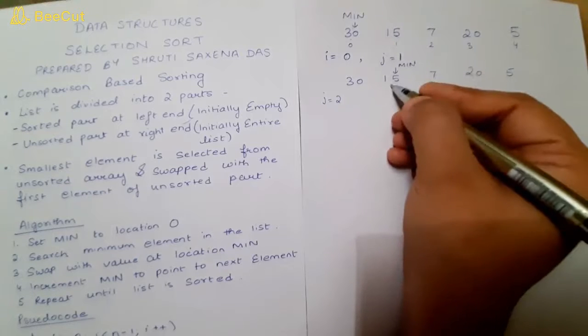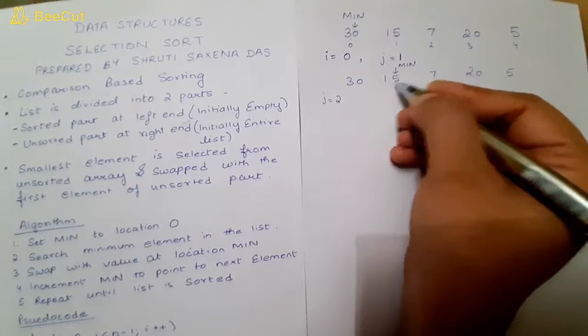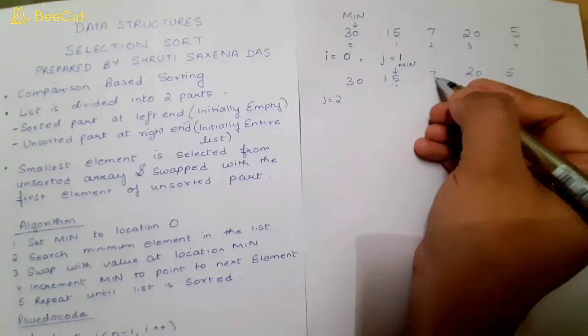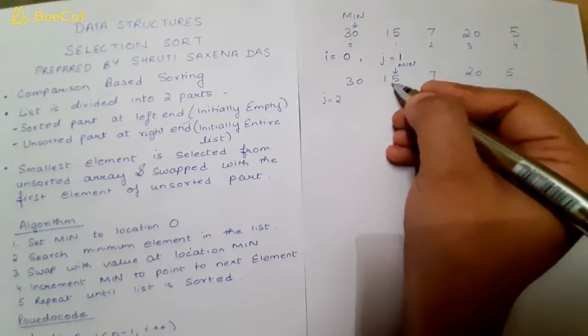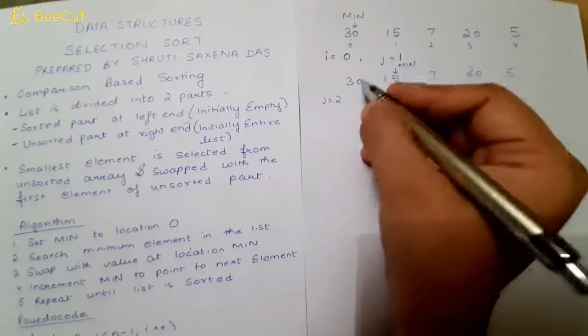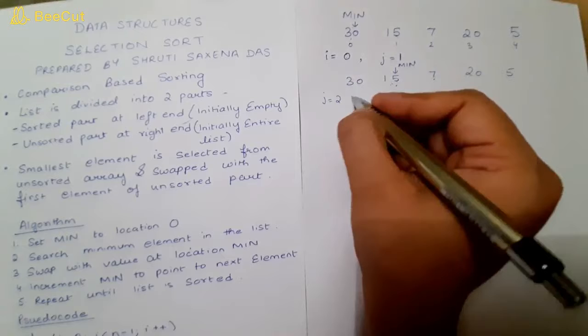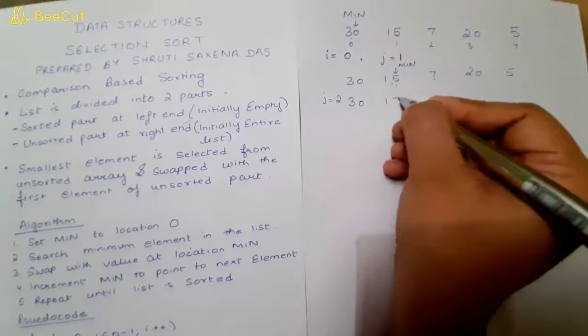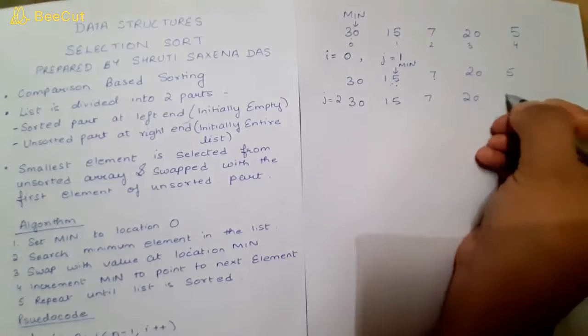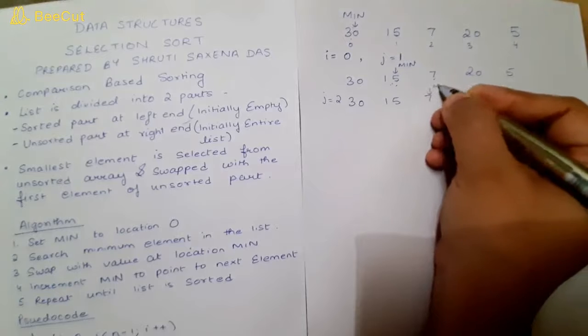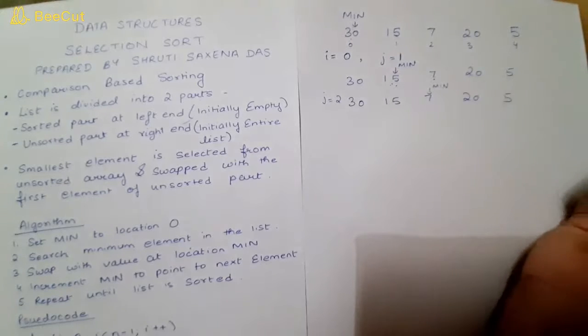Now 7 is smaller than 15. If the element pointed to by j is less than the element pointed to by min, then in that case we need to update it. So 30, 15, 7, 25. Now min will point to this element 7.